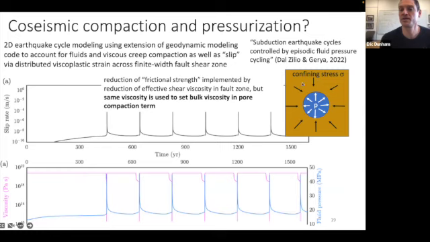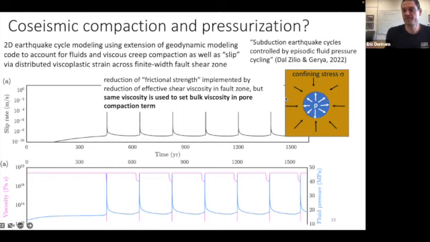When the effective shear viscosity is dropped, you can see that viscosity dropping here in pink. It gets down to 10 to the 10 Pascal seconds. And it's that same shear viscosity that's controlling frictional shearing, and that same one is used in the compaction process. Of course, because this has very low shear viscosity, it compacts very quickly.